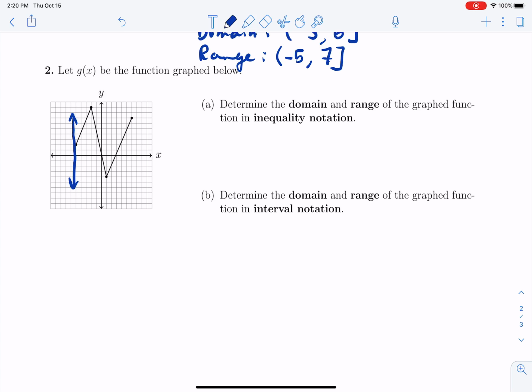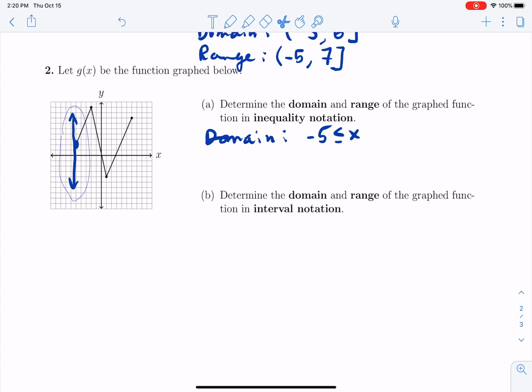For inequality notation, x goes in the middle. My smallest x value there is negative 5, and it is a filled-in dot, so I'm going to have less than or equal to.